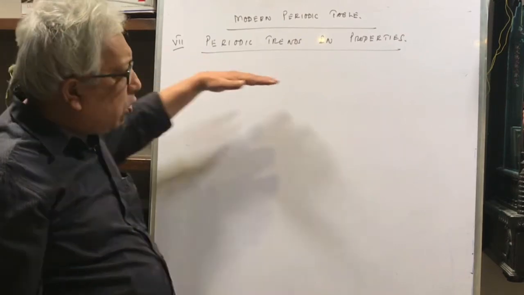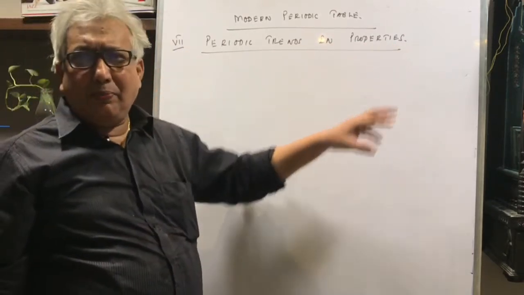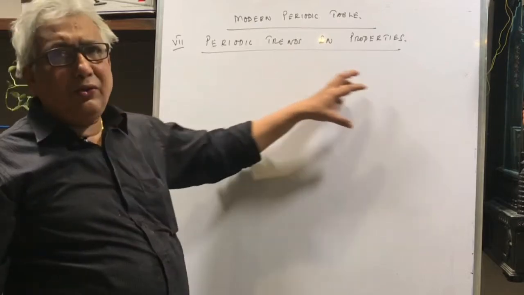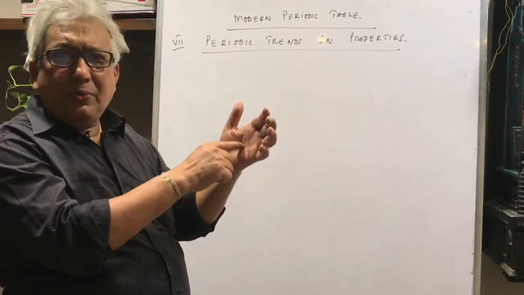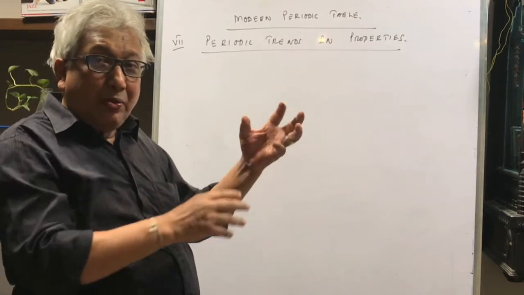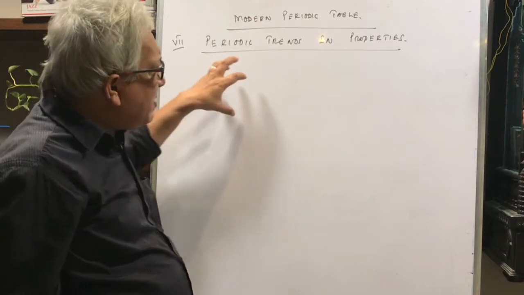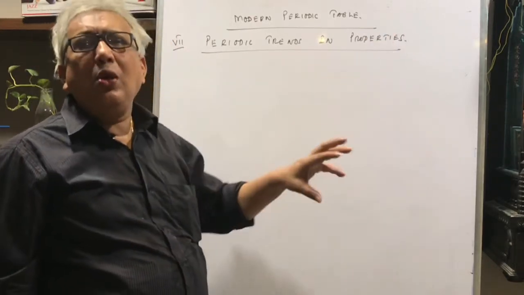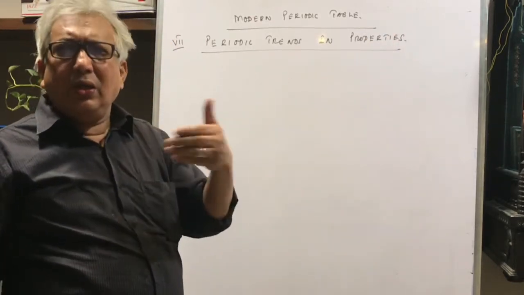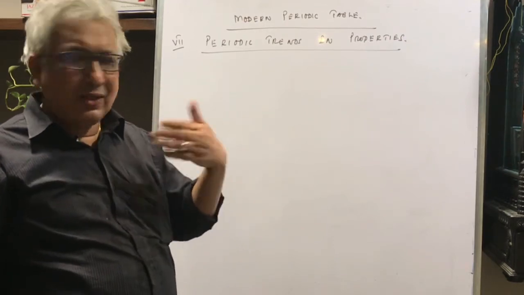But as we go across a period, the outermost shell remains the same, but atomic number is increasing. So nuclear charge at the center is becoming more and more. So the attraction on the outermost shell is becoming more and more, and therefore there will be a slight contraction, and therefore a slight decrease in the atomic size as you go across a period, just to make you understand what kind of things you're going to discuss.